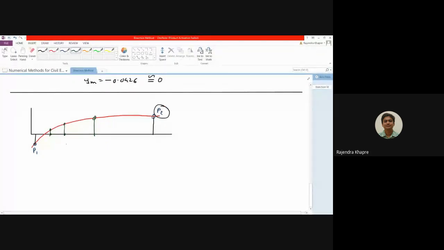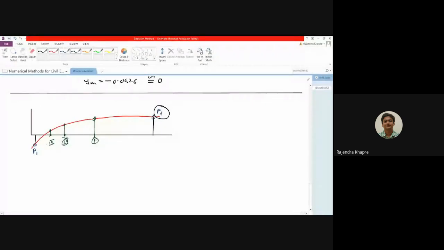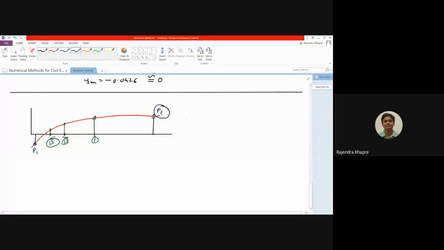So what you have done, if you have chosen a point which is far away from the actual root, your three iterations, so this is iteration 1, this is iteration 2, and this is iteration 3. So three iterations are excess, which were not required at all.